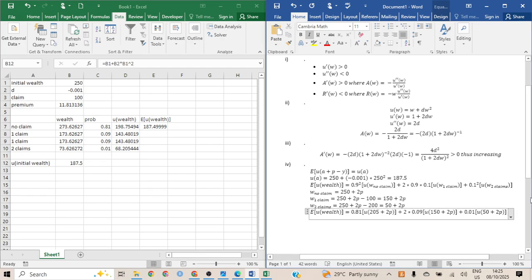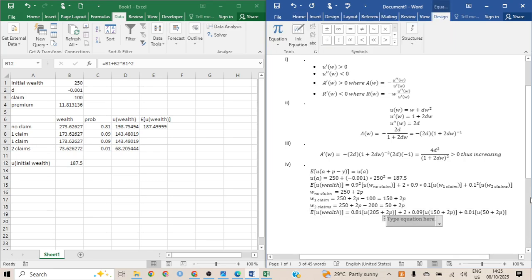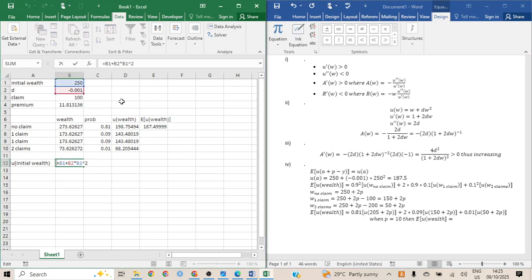And then we already know our answer. Our answer is 11.81. So we'll just write for the examiner when p is 10, the expected utility of wealth is, then we'll just come here and replace 10.